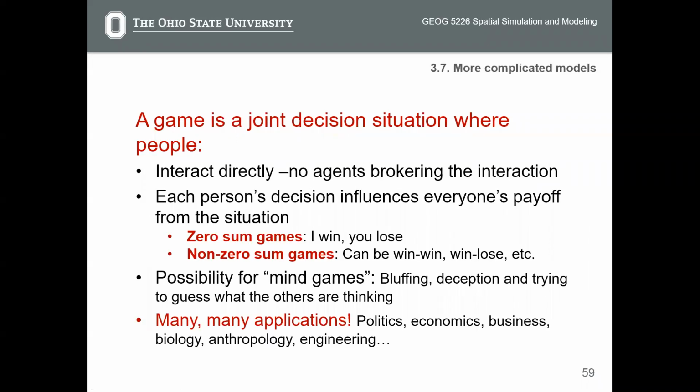Okay. So here, the word game: a game is a joint decision situation where people interact directly. No agents brokering the interaction. Okay, and each person's decision influences everyone else's payoff or punishment from the situation.